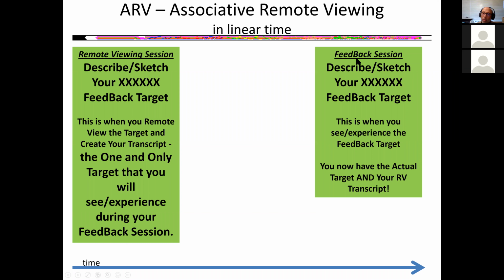And yet, what do you do during your feedback session? You make that target as real as you can. You have it shine in what I call UCC space, matrix space. You just have it be as obvious as possible by paying a lot of attention to it, adding information you wish you had done earlier.